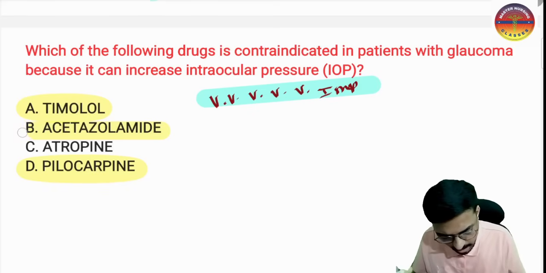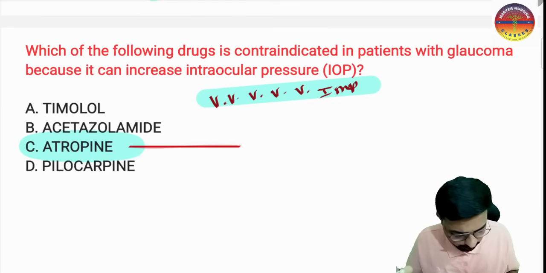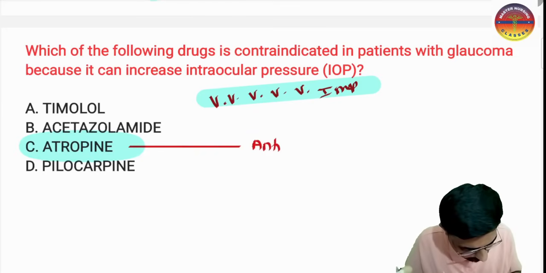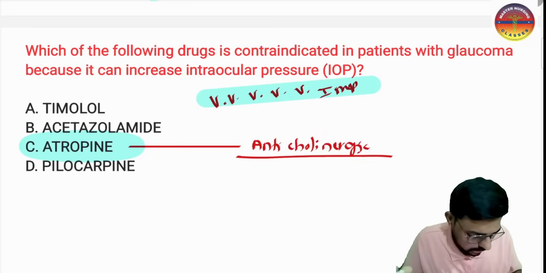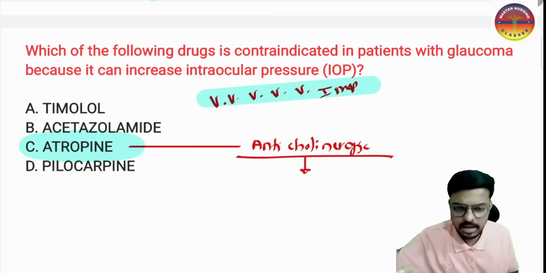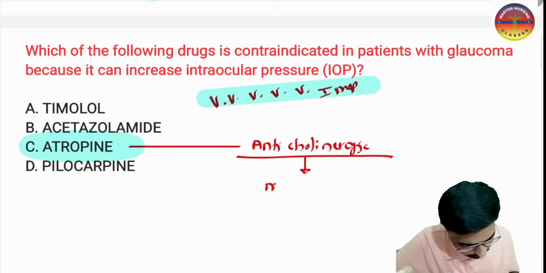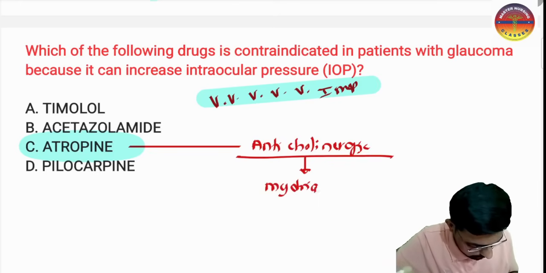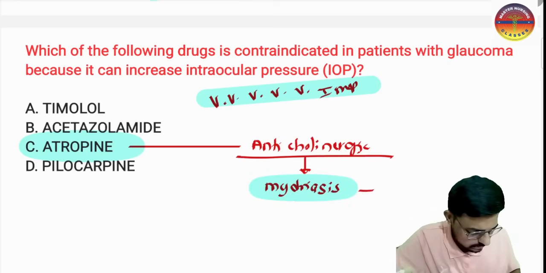And we have atropine sulfate. This atropine sulfate is an anticholinergic drug. We can also say it is sympathomimetic, working like a sympathetic nervous system activator. It will cause mydriasis. Mydriasis means the pupils will dilate.